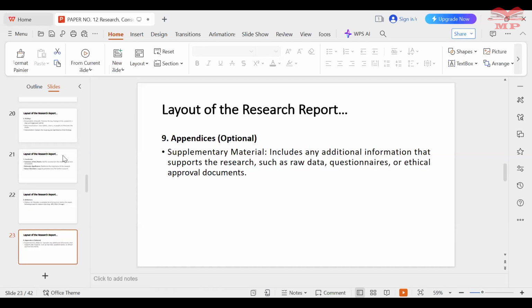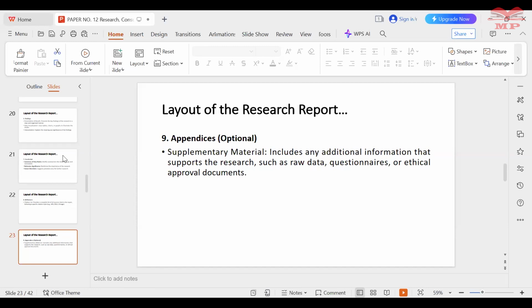The ninth part in relation to the layout of the research report is the appendices. This may be optional because some reports may be self-referencing inside, and they may not need references, or they may not need appendices.